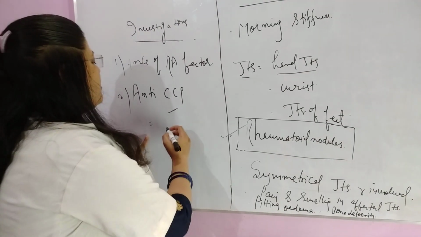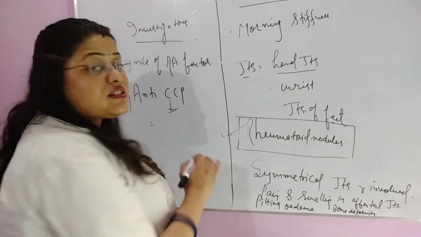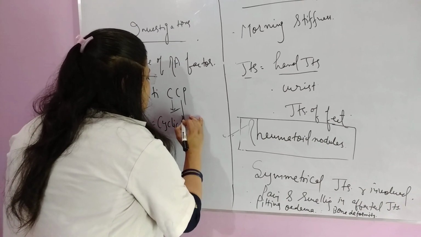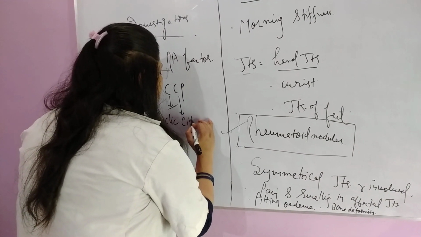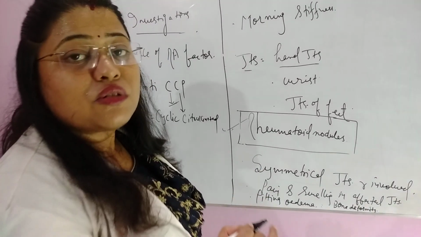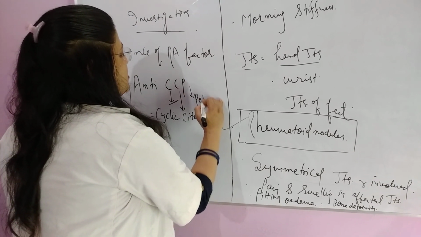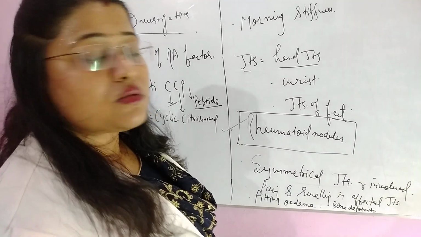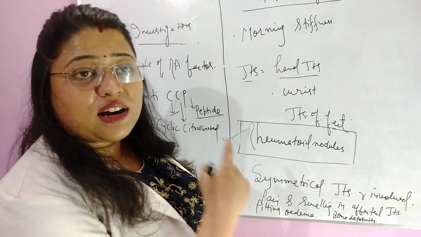And this is a protein antibody, where C stands for cyclic, C stands for citrullinated, and P is peptide. So it has great value in investigations of rheumatoid arthritis.